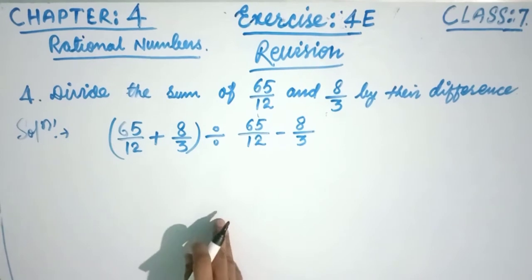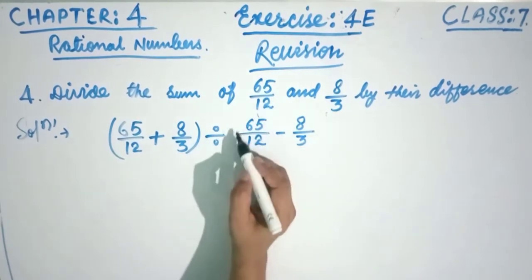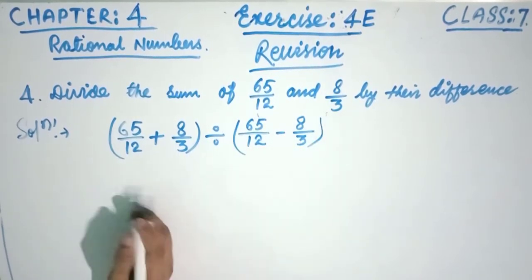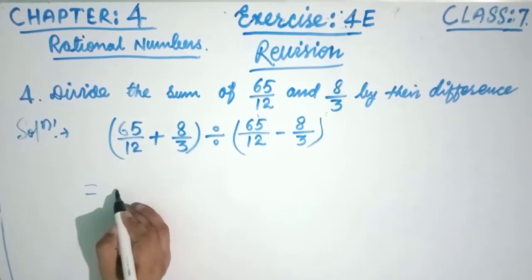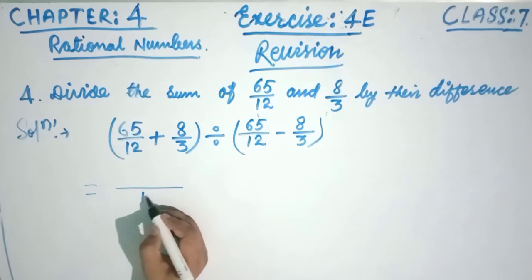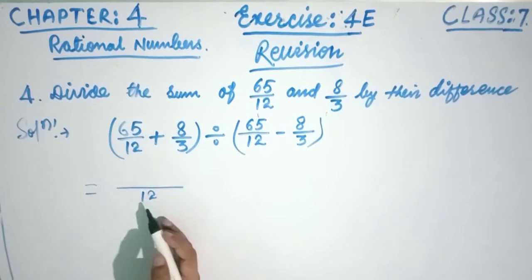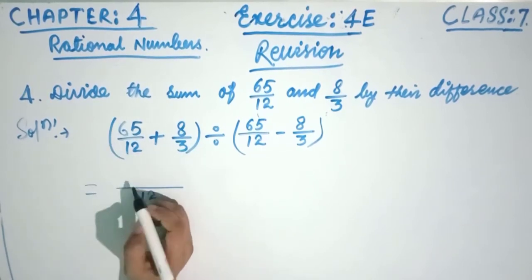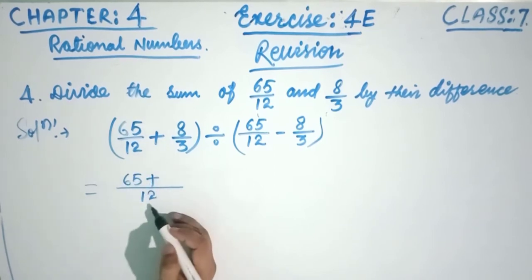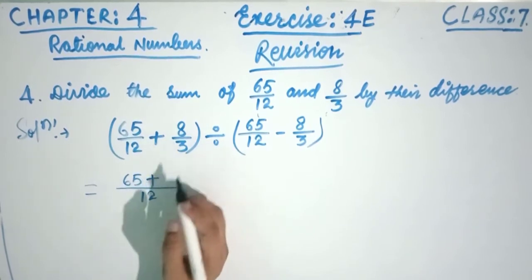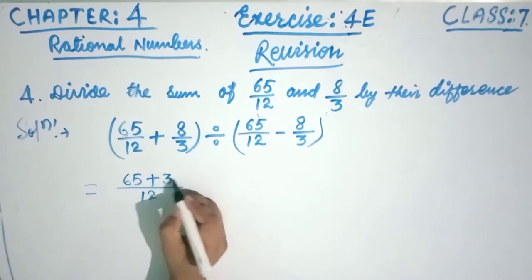Very simple. The first number minus the second number. The first is here, this is 1. Now solve this, friends. Take the LCM of the denominators. This is 12, the LCM. Now divide this 12 by 12, 1 multiplied by 65, 65. This is plus, and now this 12 is divided by 3, 4 multiplied by 8, 4 8s are 32.